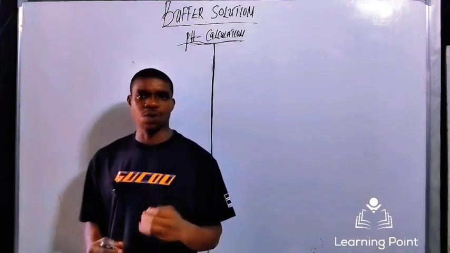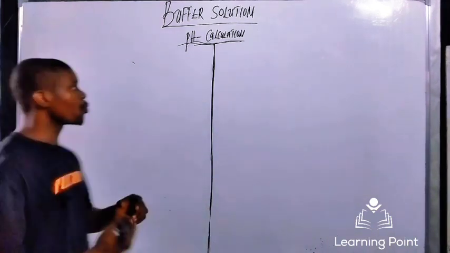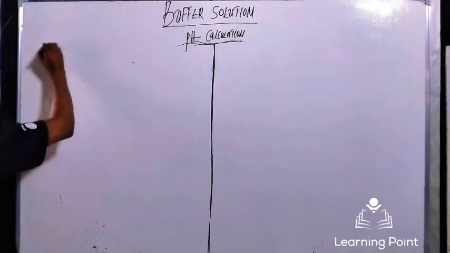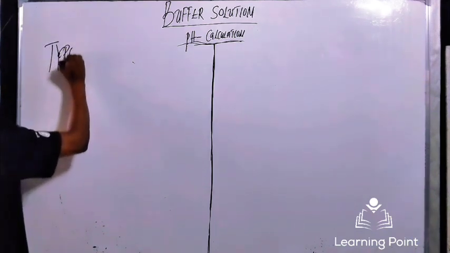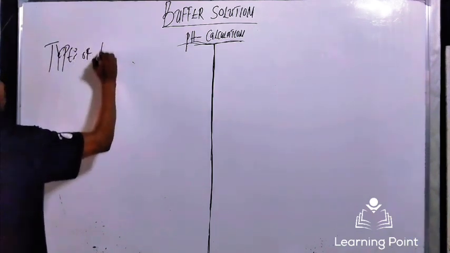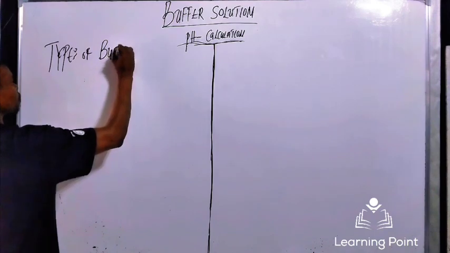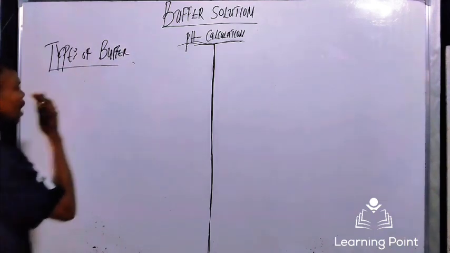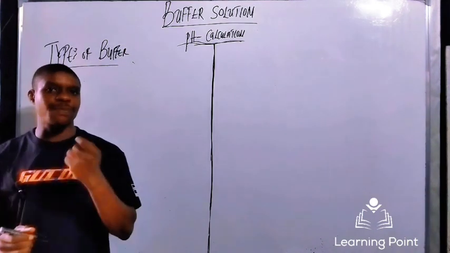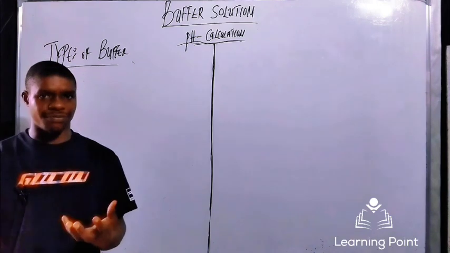The next one to look at is the types of buffer. Now we have what is called the acidic buffer and what is called the basic buffer.